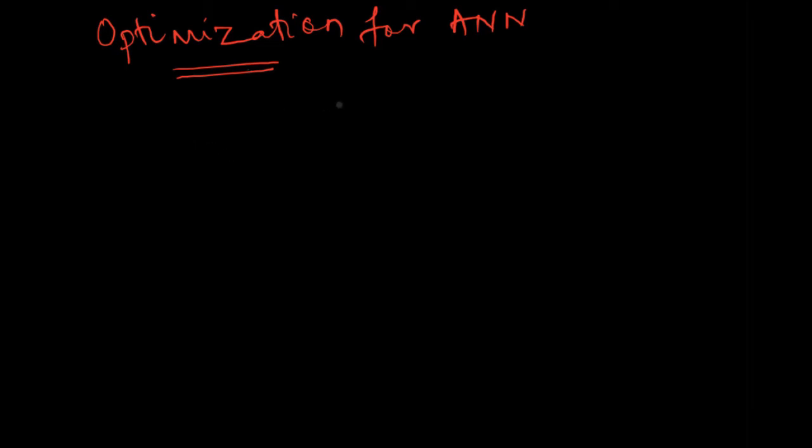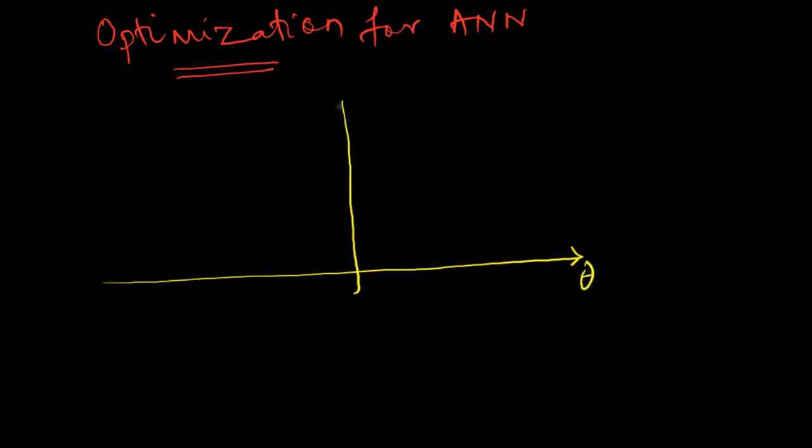So now the idea is that let's take a simple example of the weight parameters, and this is, let's say, the final cost function. And now if your cost function as a function of theta was, let's say, a nice convex function, then in gradient descent you start from this location, you move in the direction of decreasing gradients.